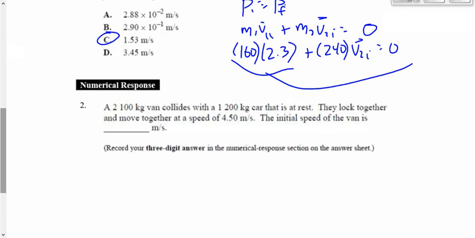A 2,100 kilogram van collides with a 1,200 kilogram car that's at rest. They lock together. What was the initial speed of the van? This is like the police officer at an accident investigating the scene, to see how fast the van was moving before the collision took place. Was the van speeding or not? M1 is 2,100. M2 is 1,200.